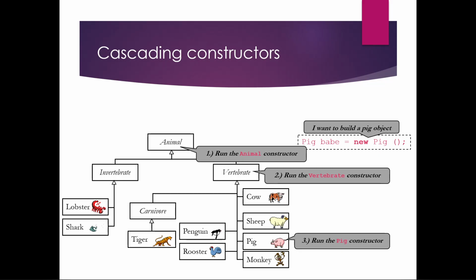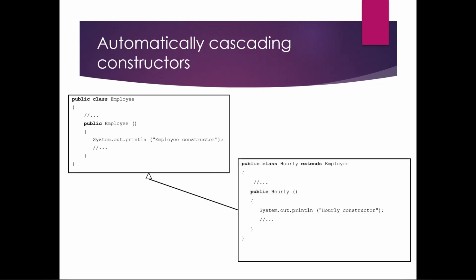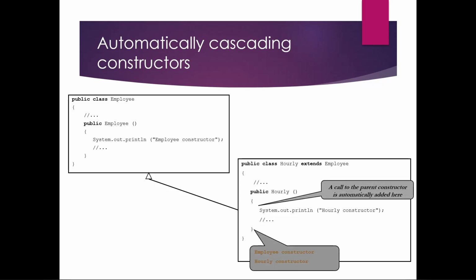So the way object-oriented programming languages handle that is, when I go and call a constructor, like an hourly employee in this case, going back to that example, the very first line must be a call to the superclass. So right here, there's an implicit call.